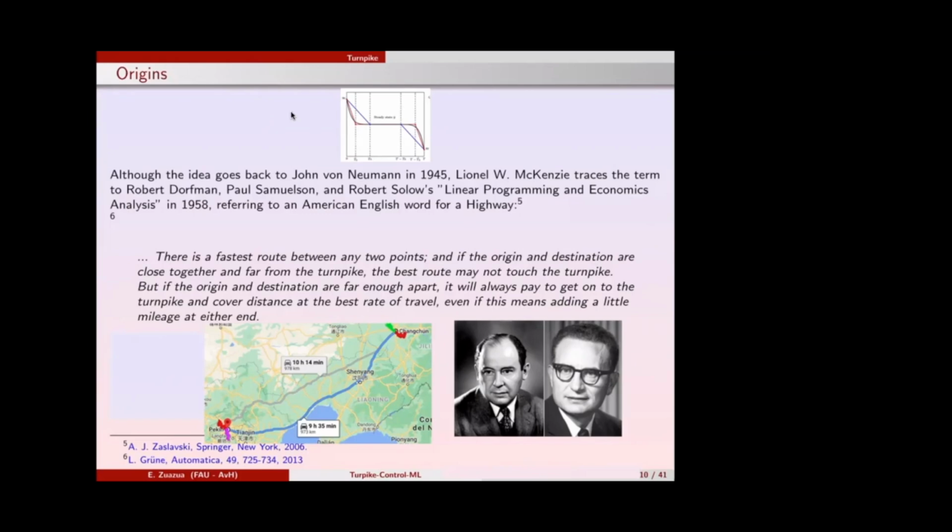And it's only when you are getting close to the target that you quit this highway, this Turnpike, and produce a small arc aimed to drive you to the destination.